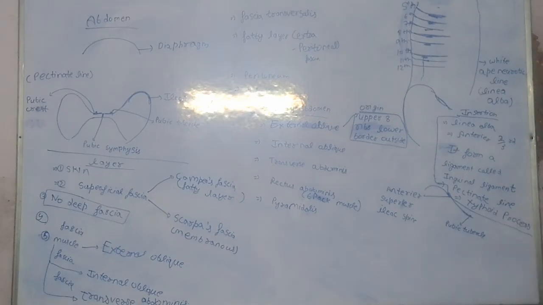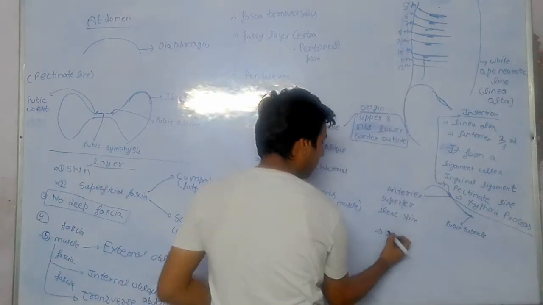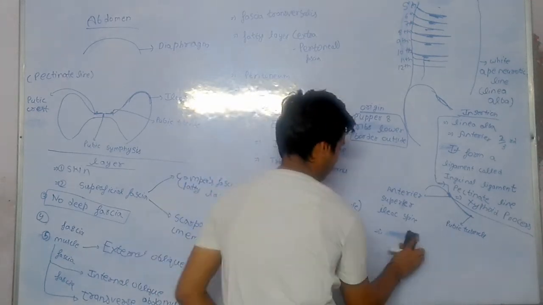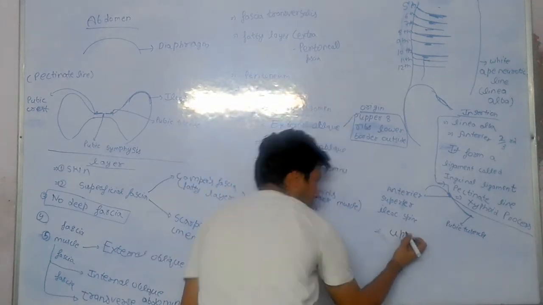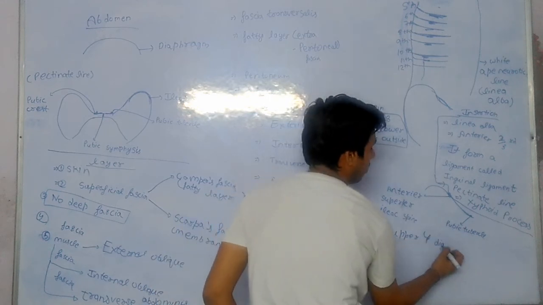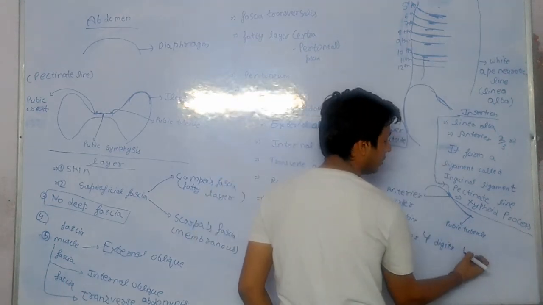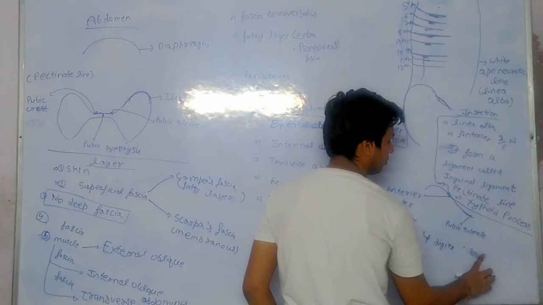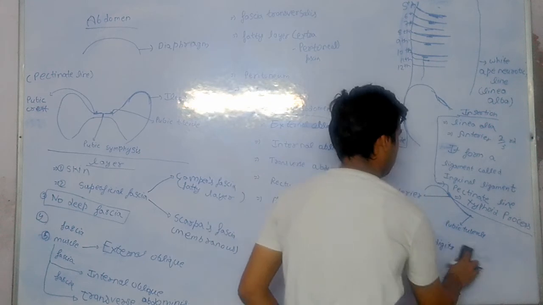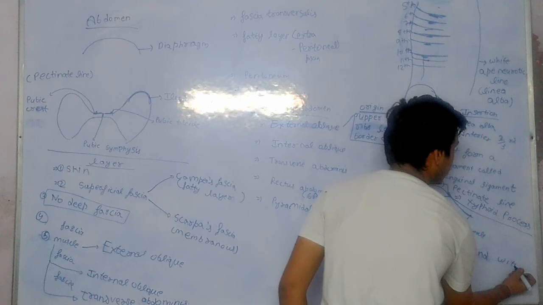One more point about external oblique: the upper four digits of this external oblique blend with serratus anterior.